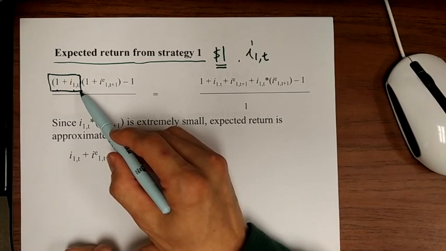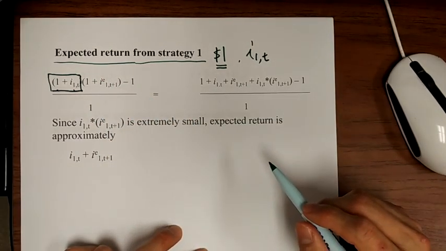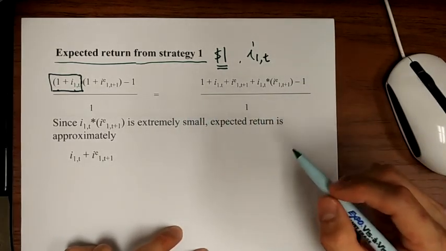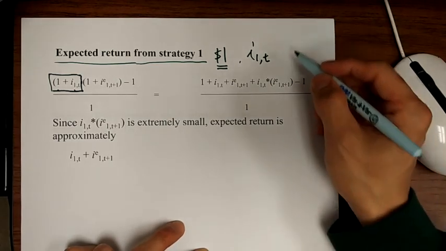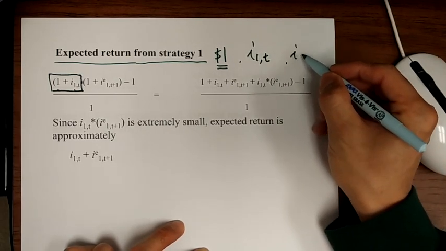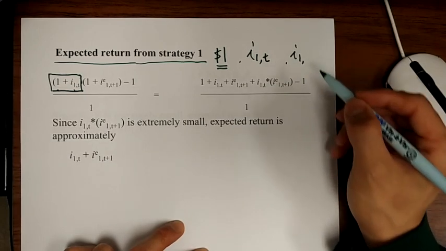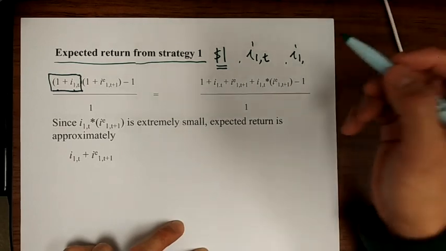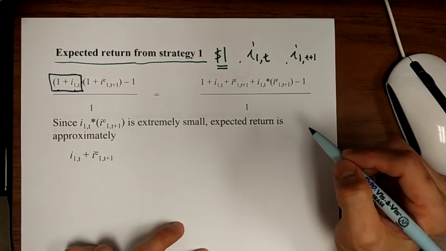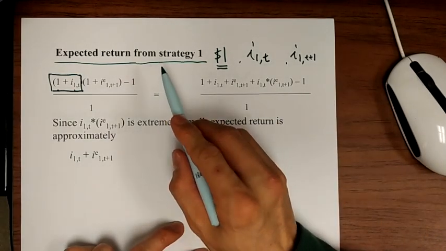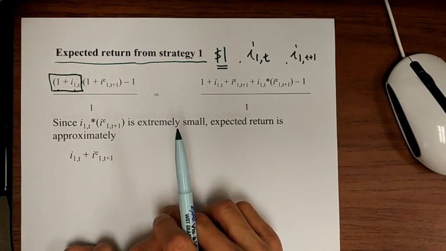Then you invest in another 1-year bond. Now, what is that 1-year bond interest rate? The answer is, it is a 1-year bond interest rate, but when it's issued, you're buying it next year. So it is the 1-year bond interest rate next year. But you are determining whether you want to use strategy number 1 or strategy number 2 today.